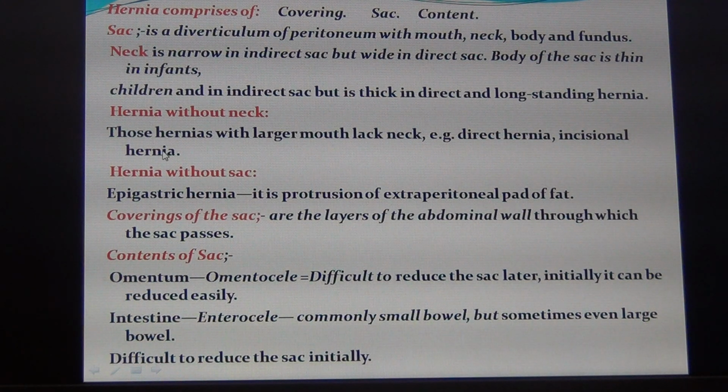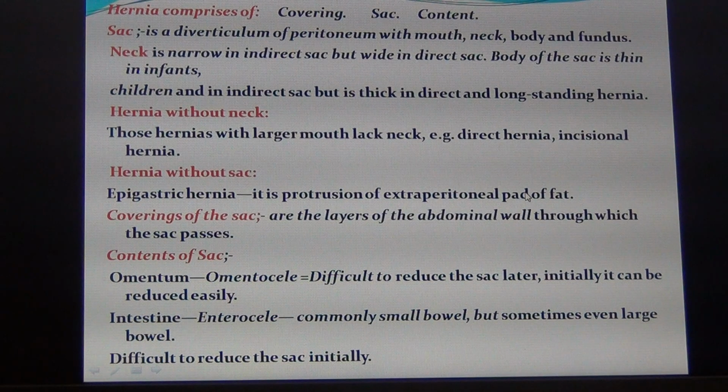Sometimes the hernia has no neck, with a large mouth. For example, direct hernia has no neck because the mouth of the sac is large, and incisional hernia may be without a sac. For example, epigastric hernia is a protrusion of extraperitoneal pad of fat.